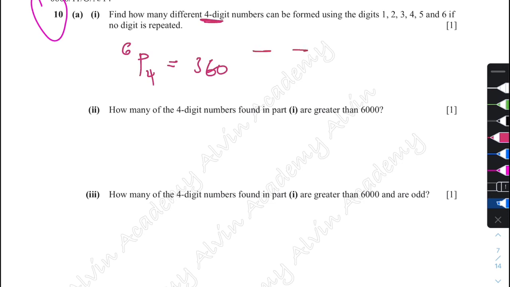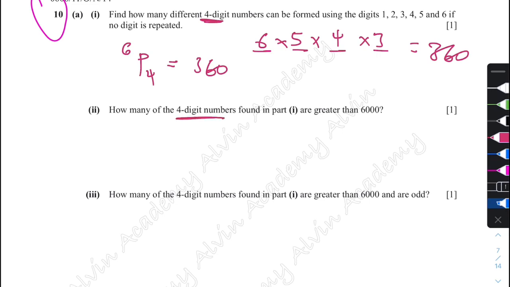Or you can use the slot system with 4 slots: any of those 6, any of the remaining 5, any of the remaining 4, any of the remaining 3. You multiply them out, 6 times 5 times 4 times 3, 360. Either is fine.